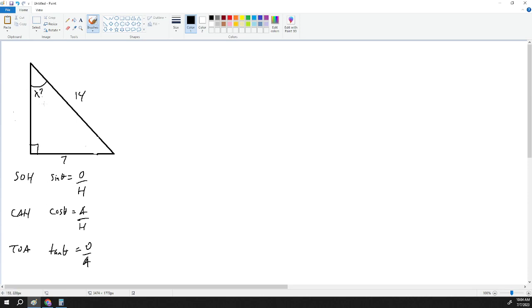We have opposite, we have our hypotenuse, we don't have adjacent, so we use sine. So instead of sine, we use arcsine, or the inverse sine of the opposite over hypotenuse, 7 over 14. This will give my angle x.